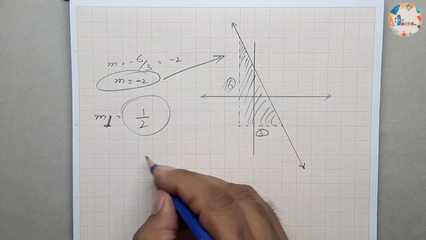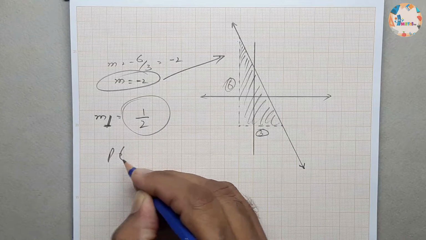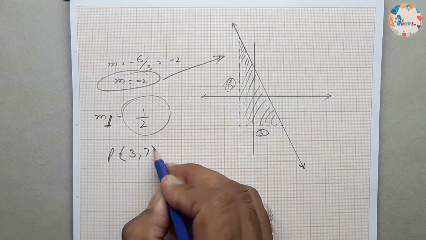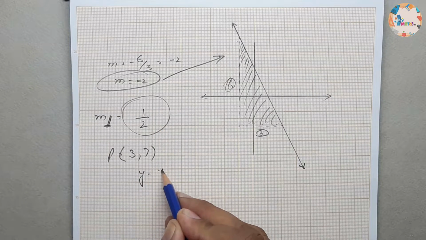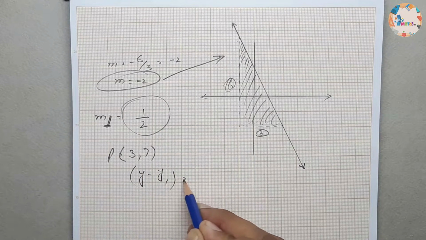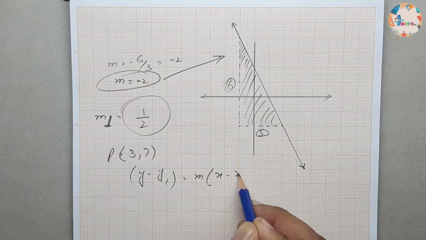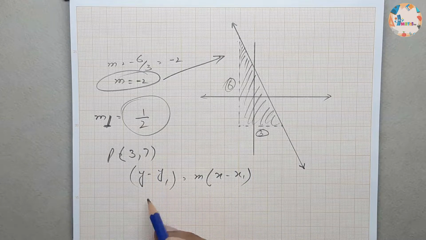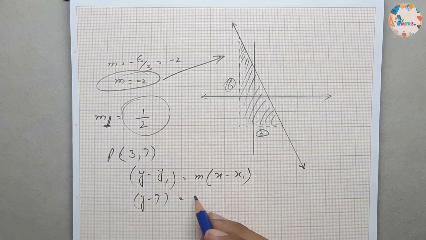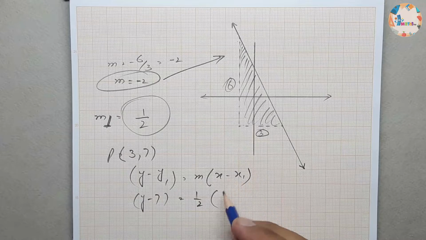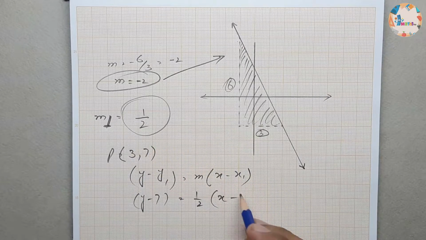And for the equation which we will write, for example, a point is given, P is, for example, (3, 7). So we can use this point and this slope. So y minus y1 is equal to m into x minus x1. So y minus 7 is equal to the m value, which is 1 by 2, into x minus x1, which is 3.